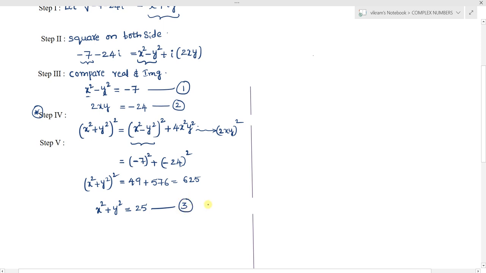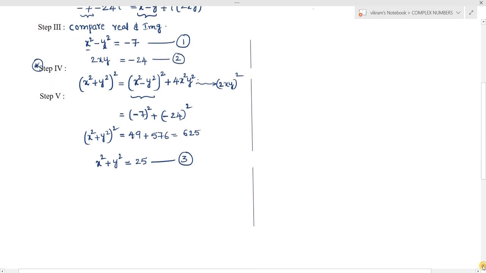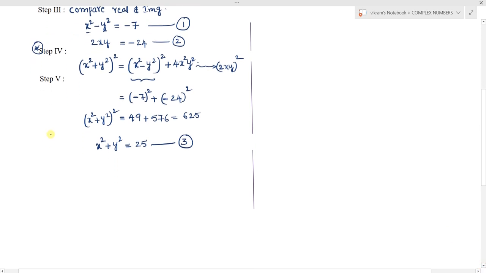Now solve equations 1 and 3, because we have x square minus y square and we obtained x square plus y square. Finally we need to get our requirement, x and y.